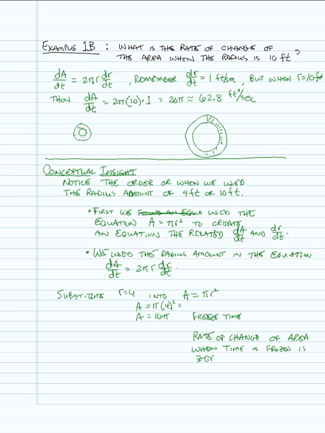If we tried to find out about the derivative of A with respect to t here, well, 16 pi is just a constant, and we'd get a 0 value. And that's really the whole point, that this r is changing and this A is changing, and we can't freeze that. If we do, then we're stopping the changing, and so the rate of change of area is just 0. And so we use the equation to get a relationship between rates of change, and that's the equation we put the r into.